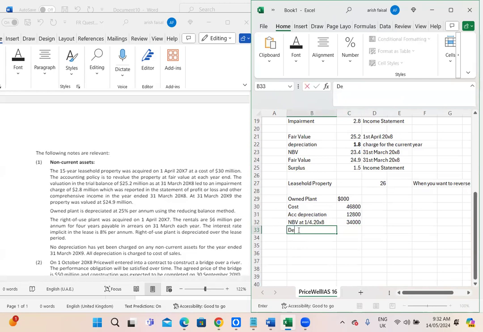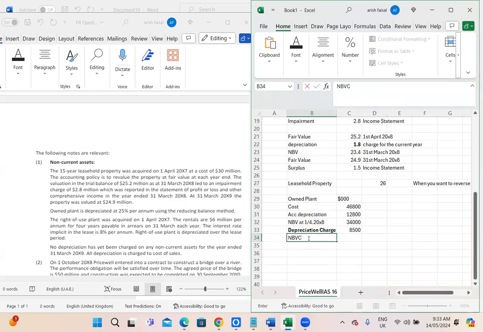So the depreciation charge for the year would be 34,000 into 25%. So that gives you 8,500 or 8.5 million, right?